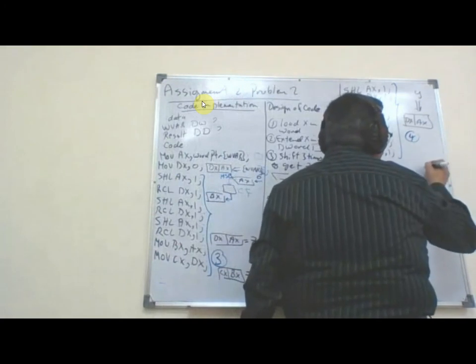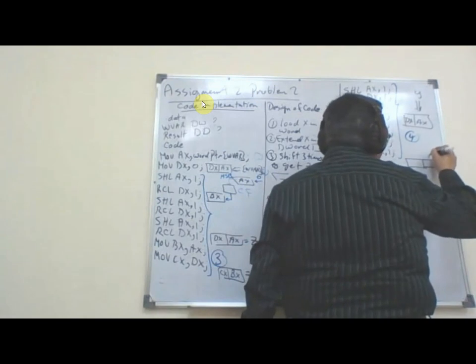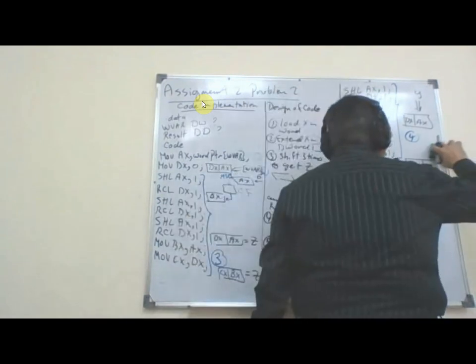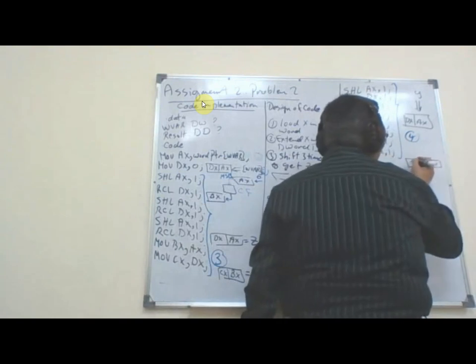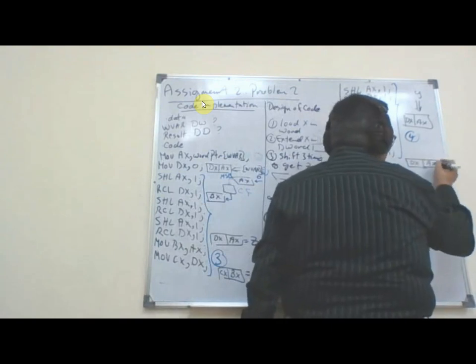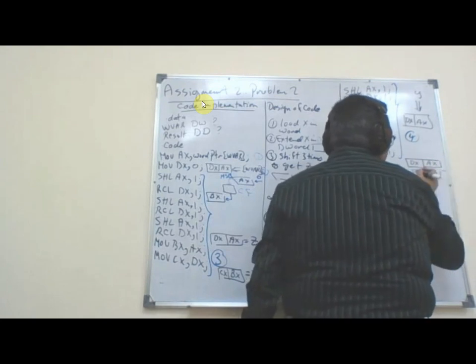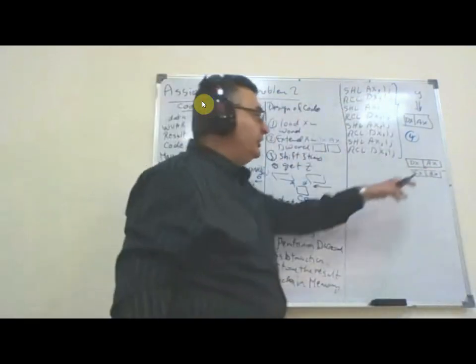If I have a double word stored in AX DX, and I want to subtract from it a double word stored in BX CX, how can I perform this operation?